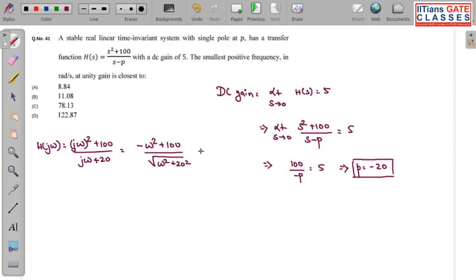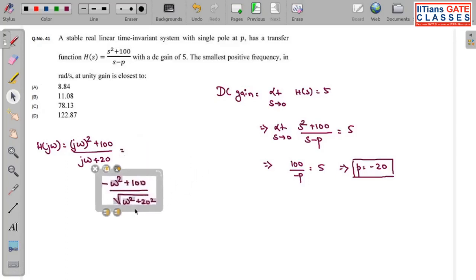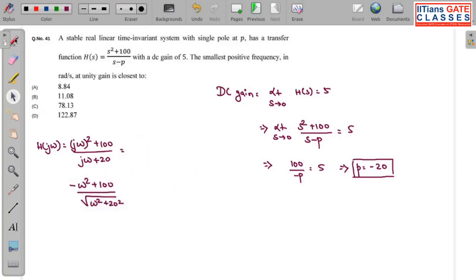So, this is the gain, the magnitude of H(j omega). Now, what they want is the smallest positive frequency in radian per second at unity gain. So, at unity gain they want to know the value of the smallest possible omega. So, you have to just solve this now.